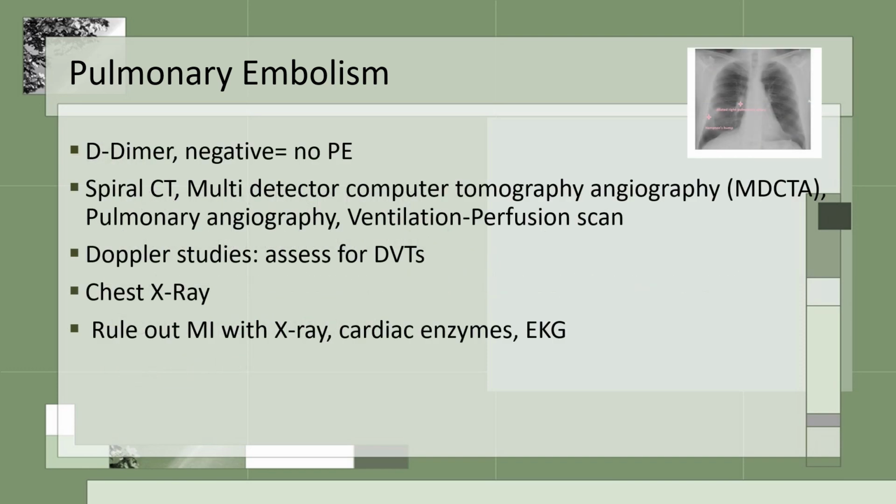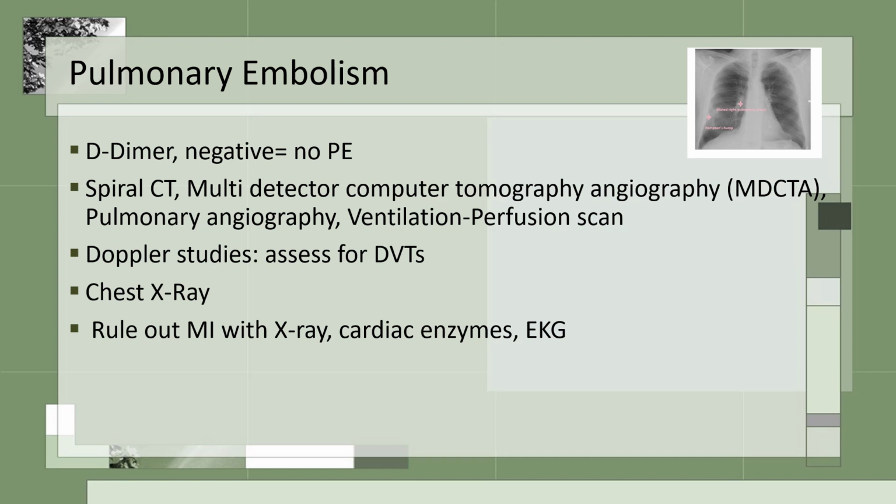Some of the tests for pulmonary embolism include a spiral CT, multi-detector computed tomography, pulmonary angiography, or ventilation perfusion scan. The D-dimer is pretty much standard.